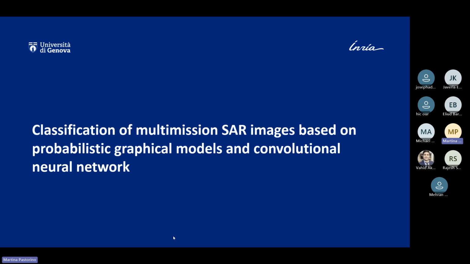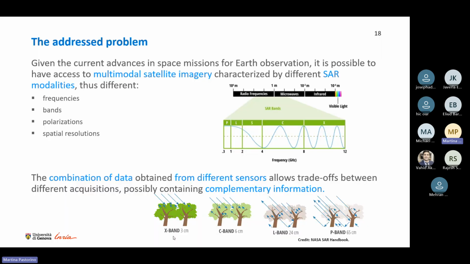Okay, so I'm moving to some examples of methodologies with some experimental results. So the first methodology involves the classification of multimission SAR images. Thanks to the current advances in space missions for Earth observation, we have access to multimodal satellite imagery, for example, characterized by different SAR modalities. And you know better than me that different SAR modalities means different frequencies, bands, polarization, and spatial resolutions.